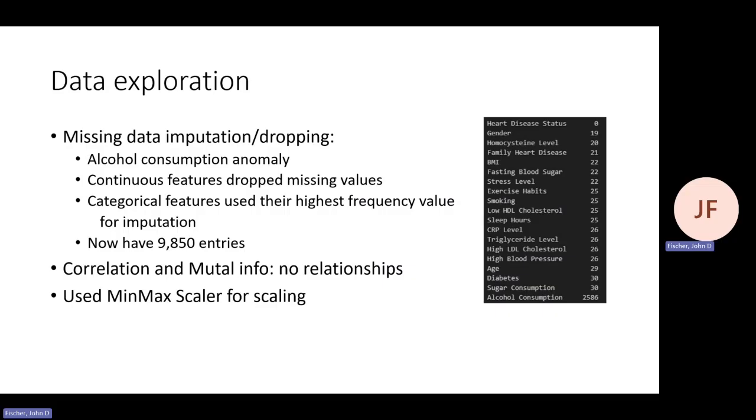So it was decided that continuous features had to be dropped for the missing values. After that, I was left with 9,850 entries, after the dropping of all the missing values in the rows.